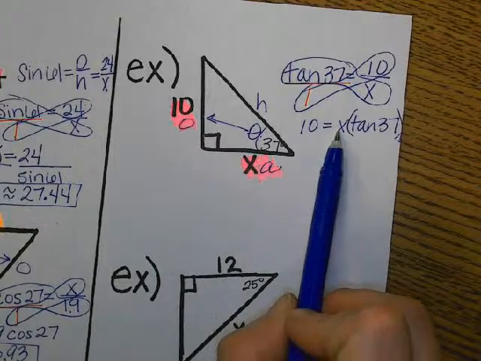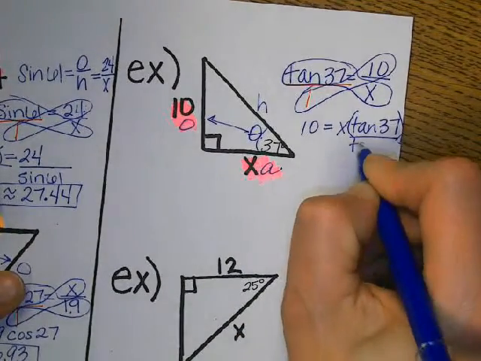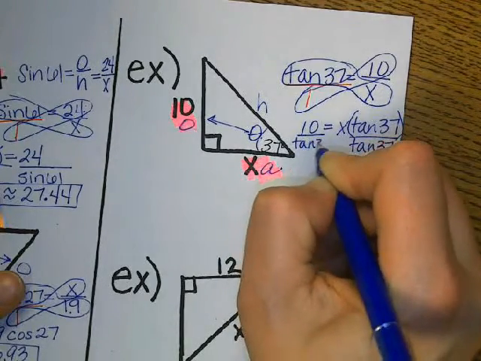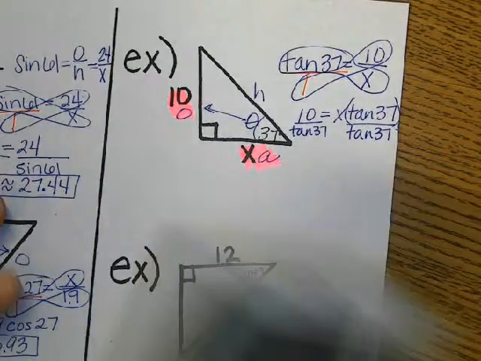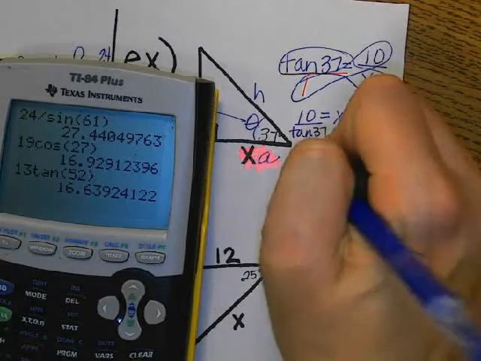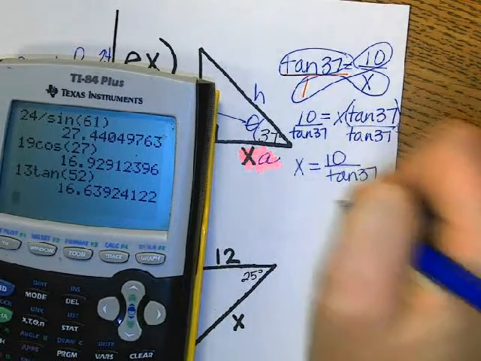If I want to get x all alone, I'm going to have to divide by this tangent of 37. So x is equal to 10 divided by tangent of 37.